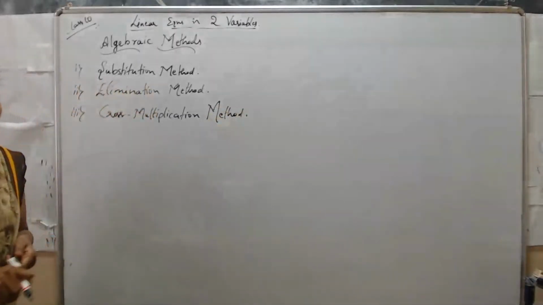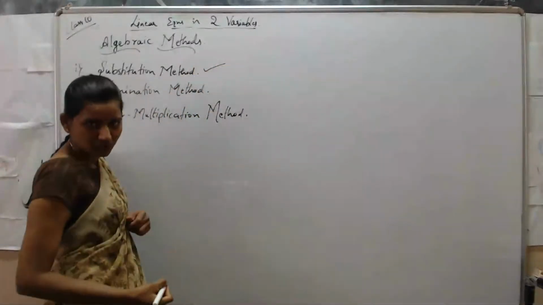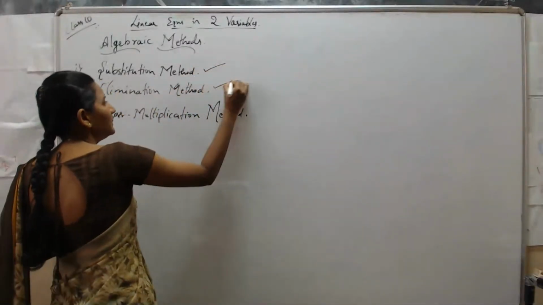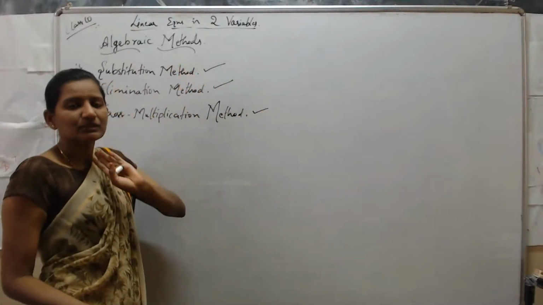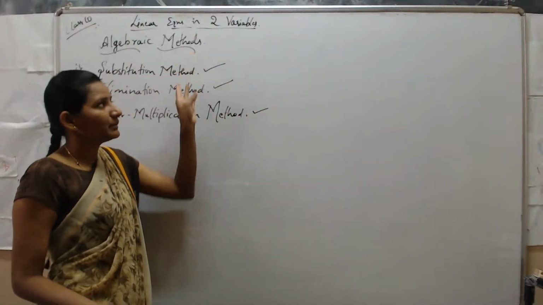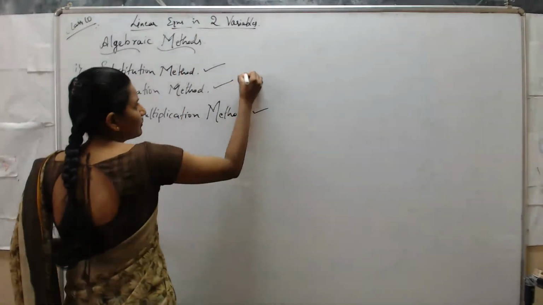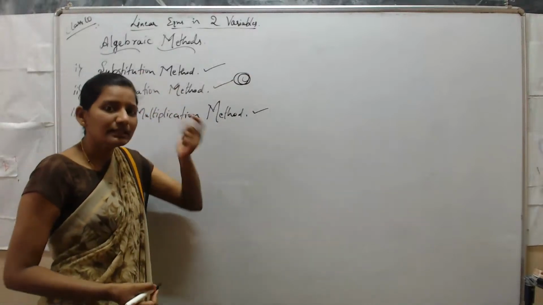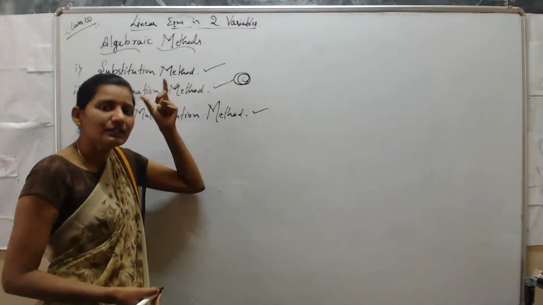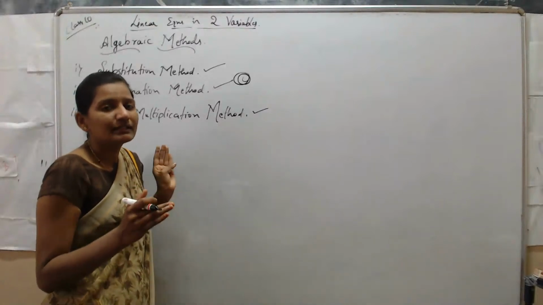Initially we are going to discuss the substitution method. After that, the elimination method and cross multiplication method. These three methods are very important. In that, elimination is very important, which is convenient and easy everywhere to solve x and y.